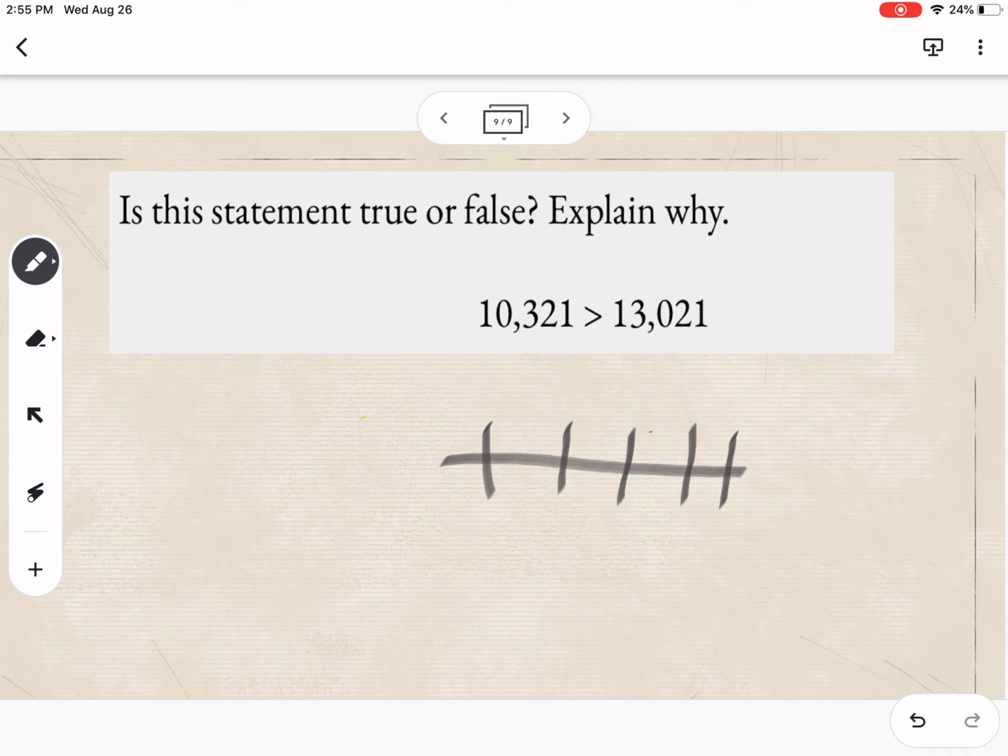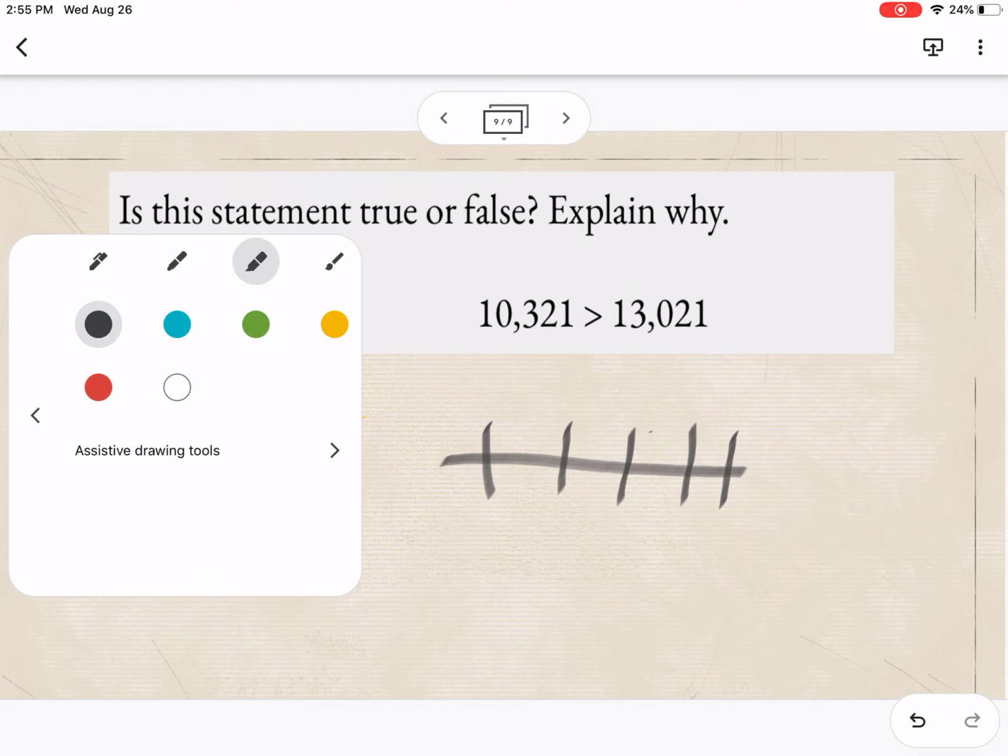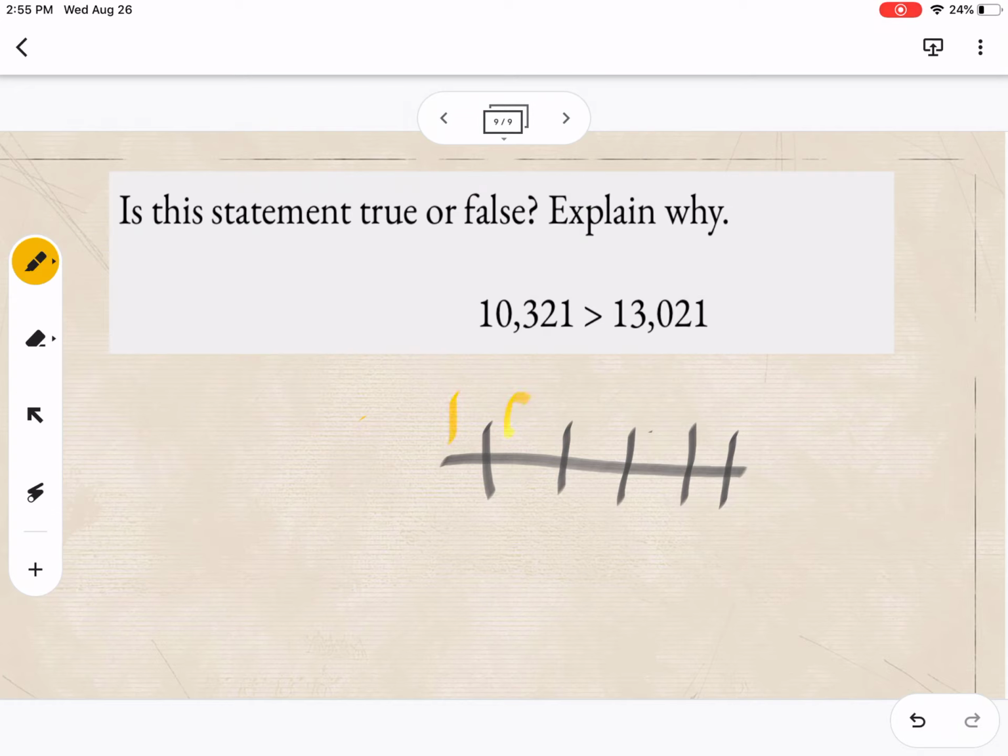All right, let's figure this out together. Let's see if this is a true statement. First, let's write our numbers in our grid. 10,321 and 13,021. Let's see if this is true. Our 1s in the 10,000s place are the same.